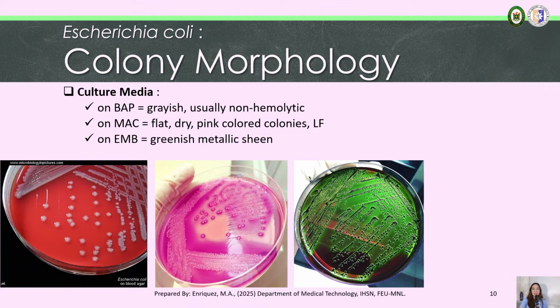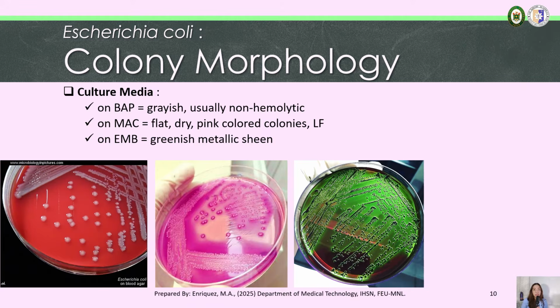Okay, ulitin po natin, it's because of the intense lactose fermenting capabilities of Escherichia coli, leading to the precipitation of eosin and methylene blue dyes, which we would not be able to observe among other bacterial organisms. So kapag nakita po kayo ng green metallic sheen on EMB, dapat ang una nyo na po agad maisip ay Escherichia coli.